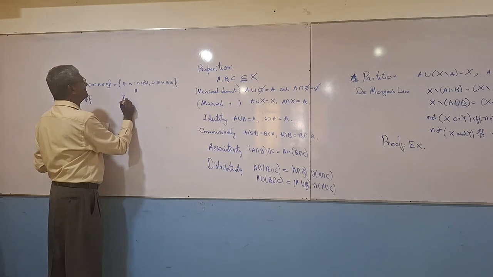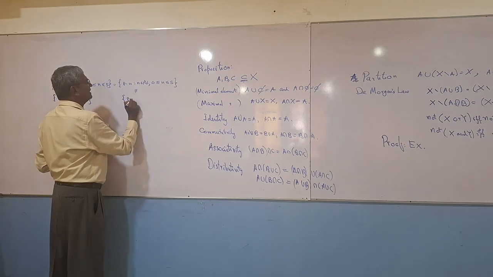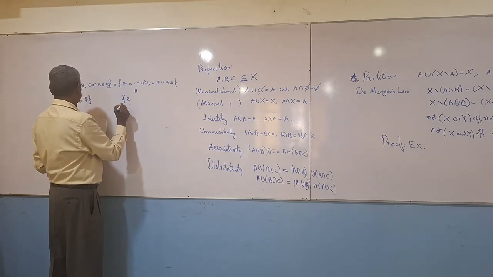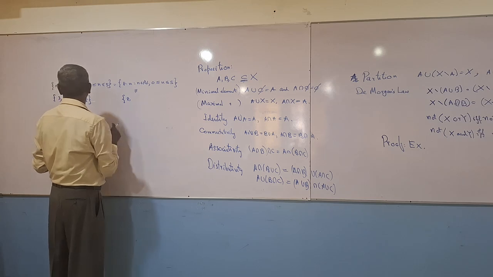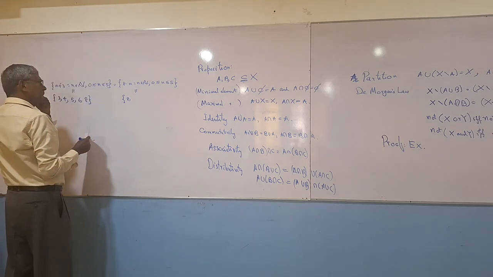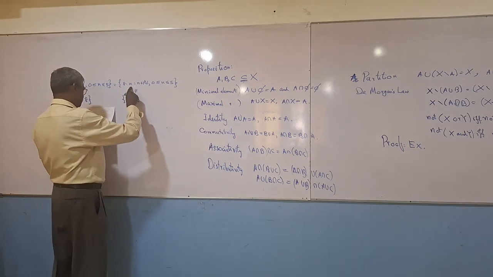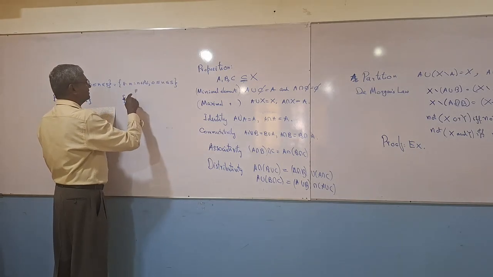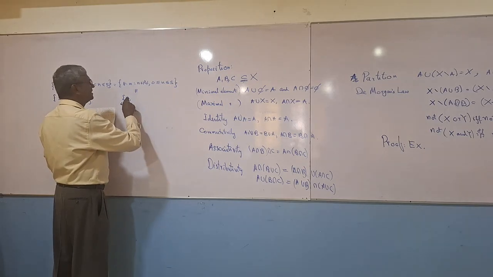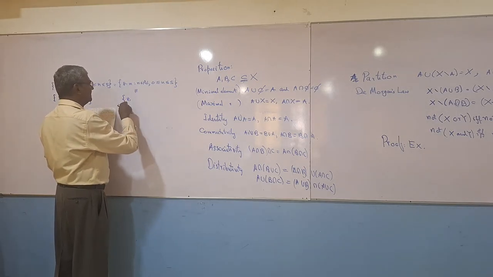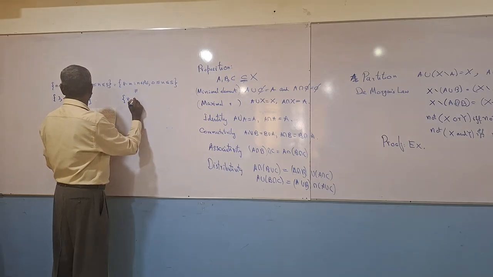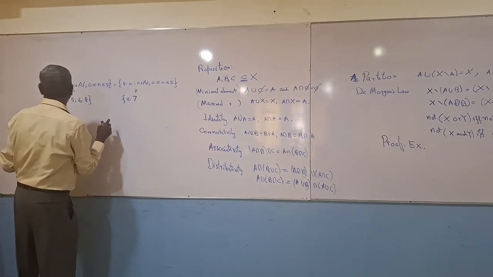8 minus 0 is 8. 8 minus 1 is 7. Did I do something wrong? 8 minus 5 is... No. 8 minus 0 is 8, no? 8 minus 1 is 7. And I have done something wrong here, no?